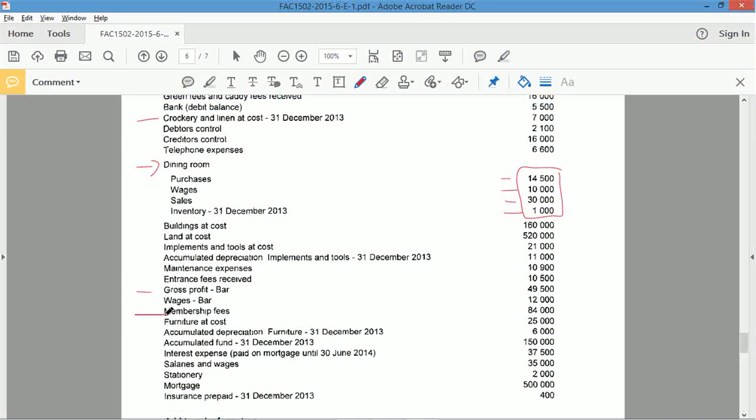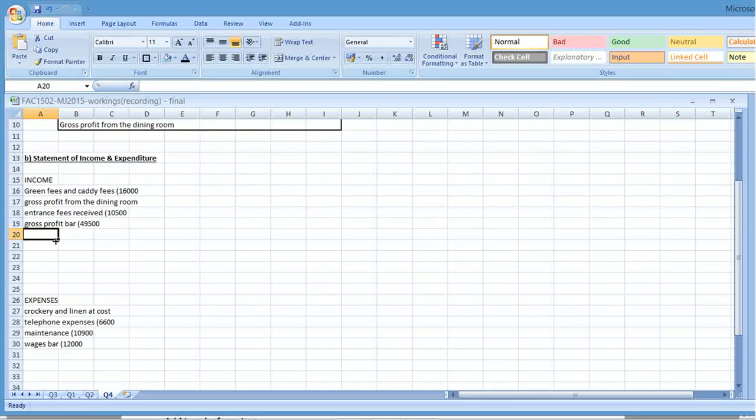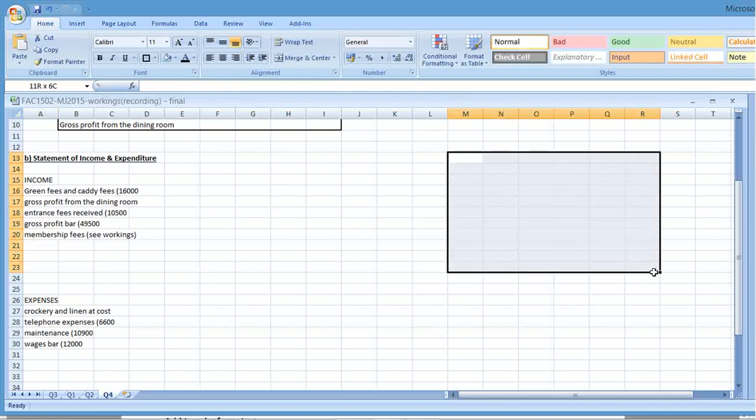Then we've got membership fees. Membership fees, we know we'll always have a T-account for it. See workings. Okay, membership fees always has a T-account, so I'm going to draw a little sketch here.